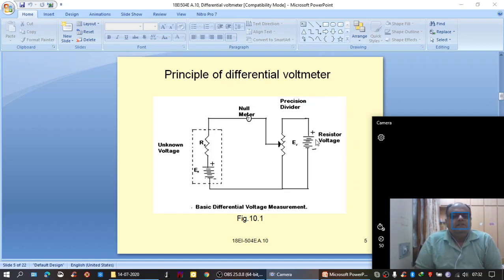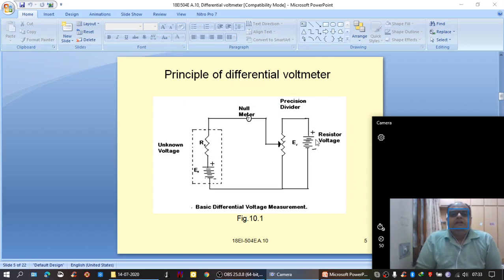Let us suppose that voltages E1 and E2 are applied to the terminals of a null detector, and assume that when E1 is greater than E2, null detector is moving towards right. Then when E1 is less than E2, null detector will move towards left. That is the logic. Center of the scale is 0. Towards left, the scale is marked in negative values, and towards right, the scale is marked in positive values. So that is the principle of null detector.